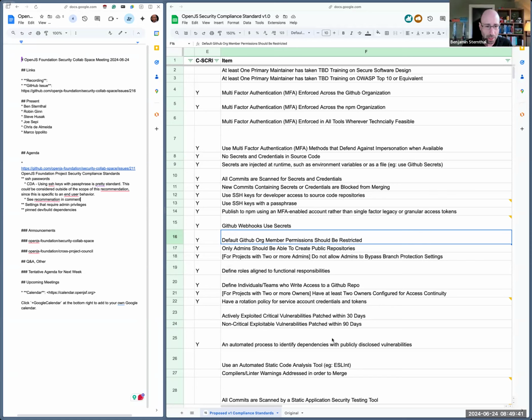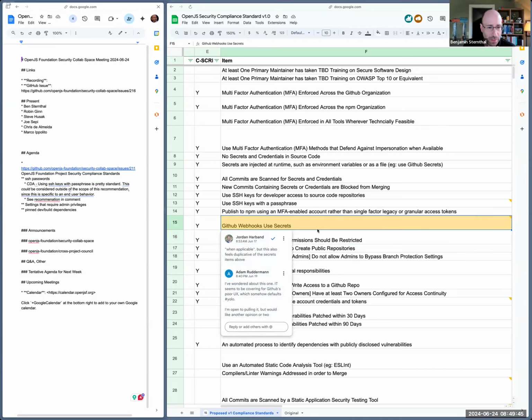Okay, all right, next up here, sorry, is GitHub webhooks use secrets. Yeah, I mean, this is the same thing.